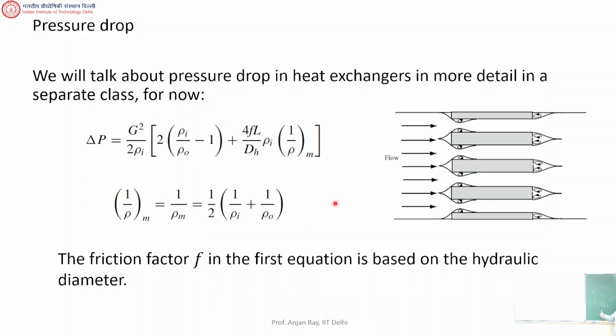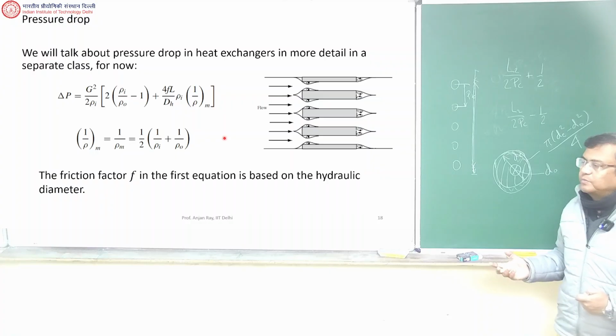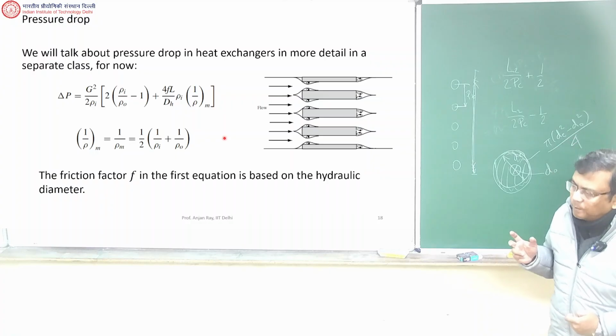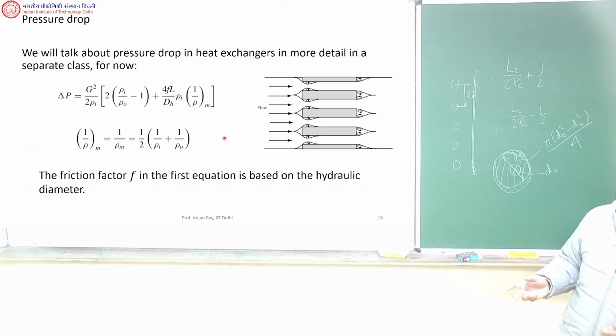In the shell and tube heat exchanger problem that we had done, the pressure drop was restricted to 10 kilopascal, both on the tube side and the shell side. Correct? So this is delta P. This is an expression which I'm not explaining. If I get time, I'll talk about it in a separate class.